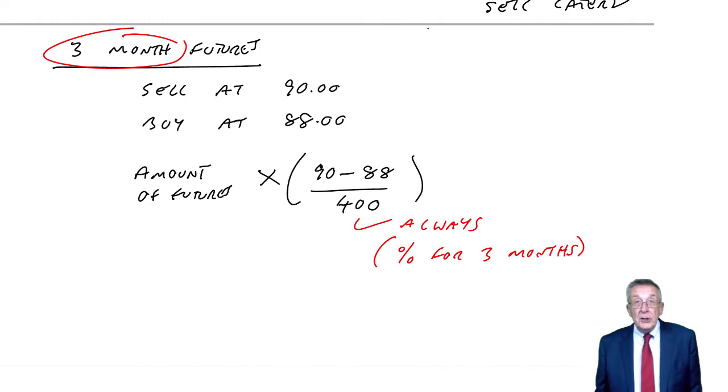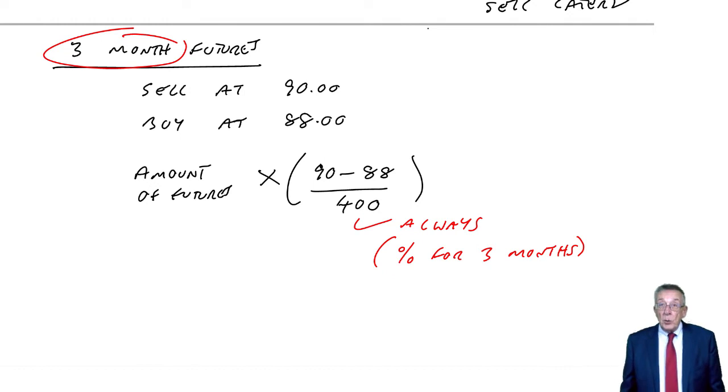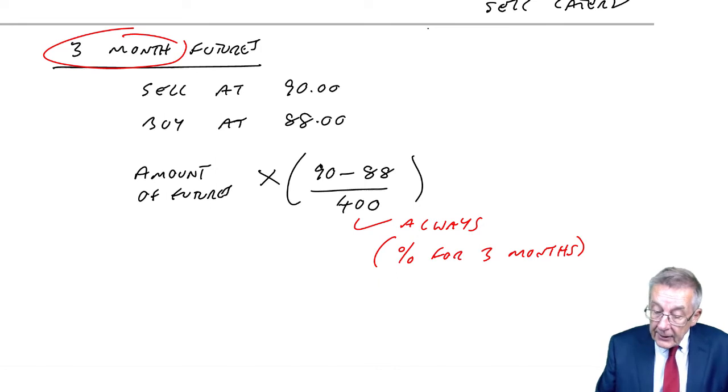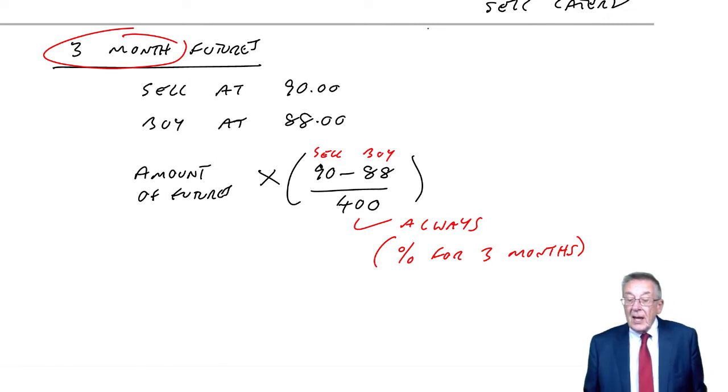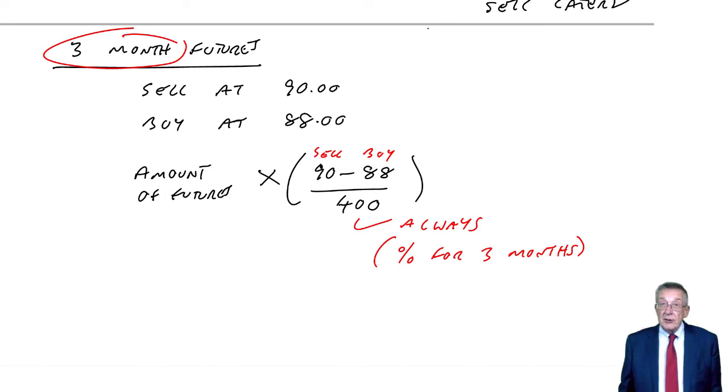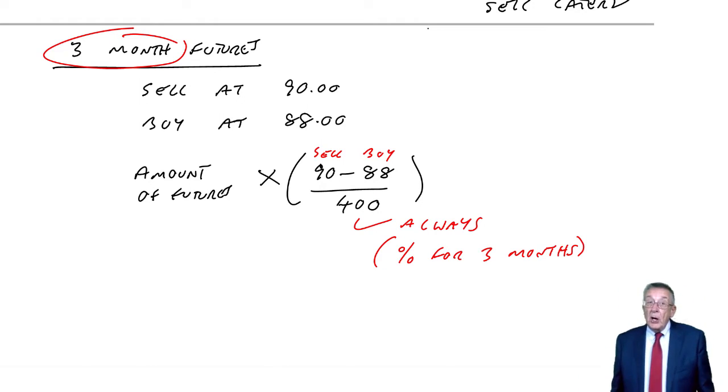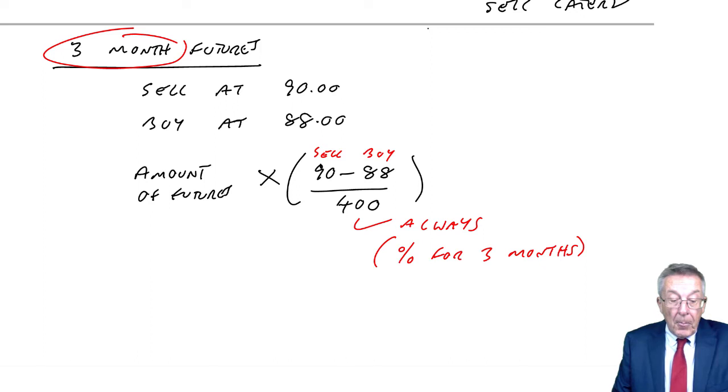But the profit on the futures is always the difference between the sell and the buy prices divided by 400. Now that creates an extra problem in a moment, which I'll show you with an example.